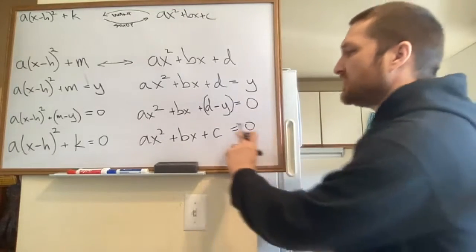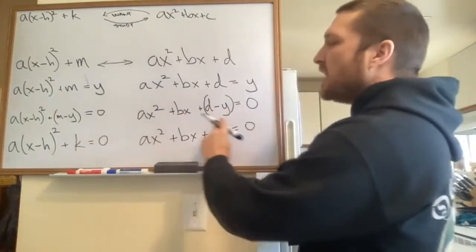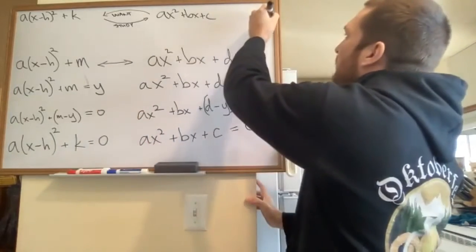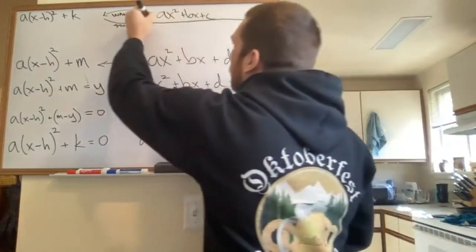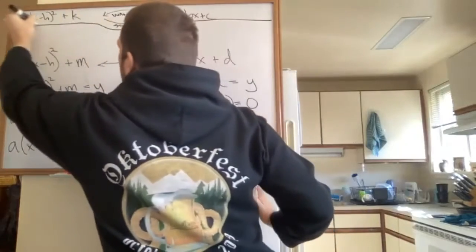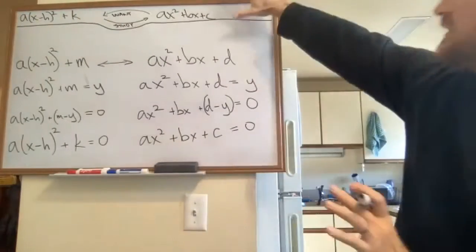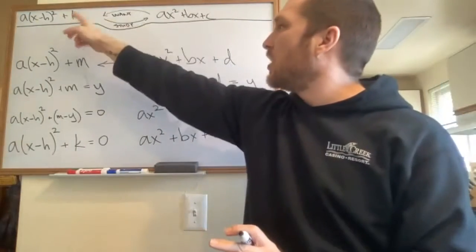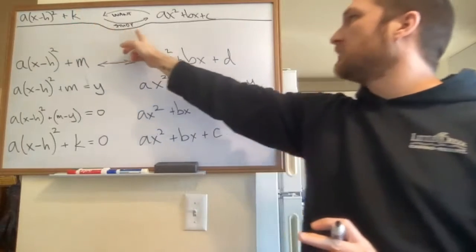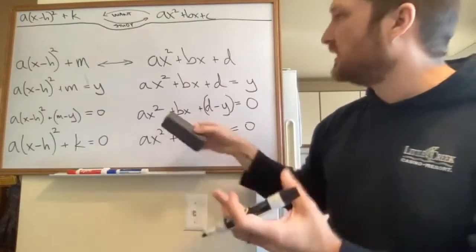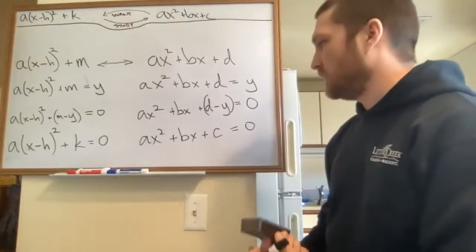So I'm going to erase all of this stuff, but I do want to make one final point. Okay, so that's the big idea right here. This is what we want. And so we are going to go this way a bunch to get a feel for how to go backwards.